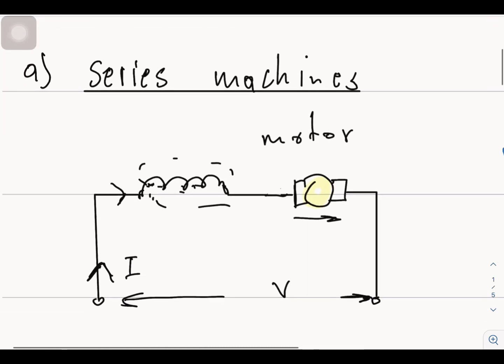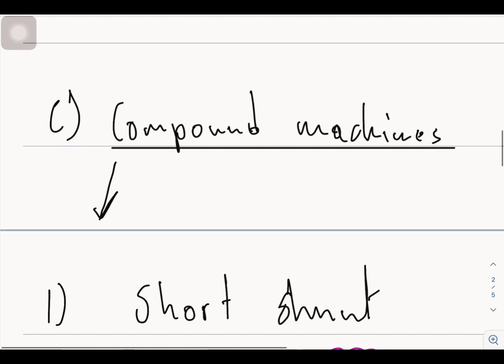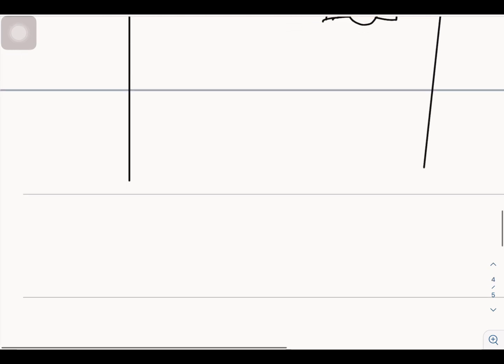Now that we have talked about the types of DC machine, I want us to go through the formulas so that we'll be able to do a calculation.